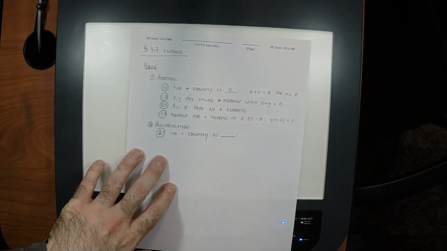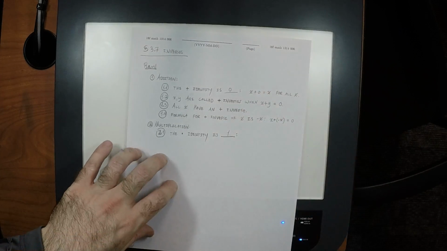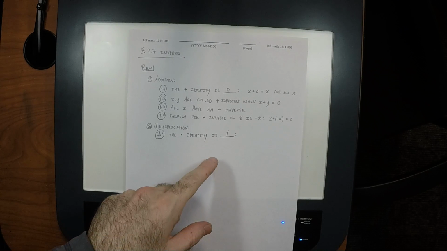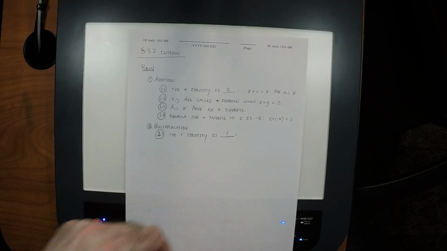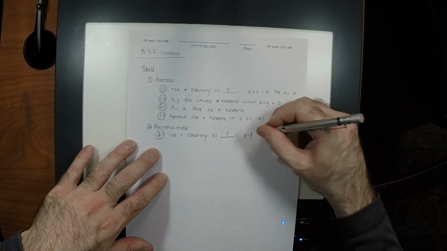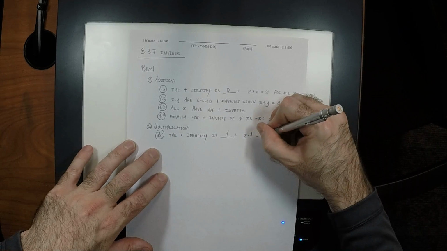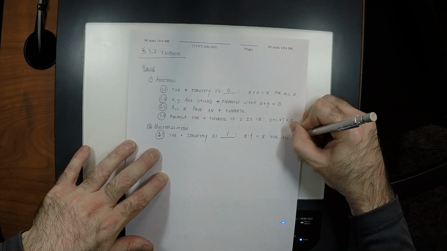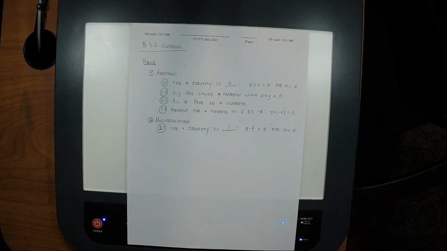Is what? 1. And why is it 1? Because 1 is the number that, when you multiply with it, is the same as doing nothing. Multiplying by 1 is doing nothing.